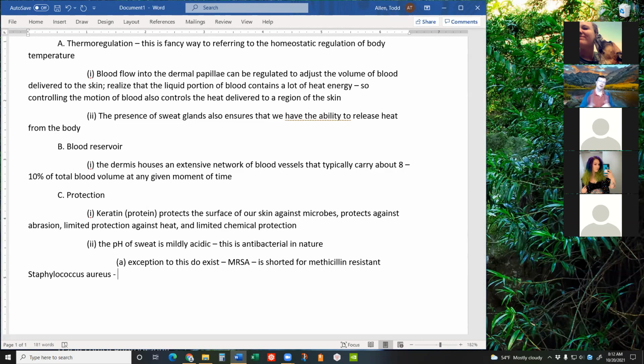This is a gram-positive bacterium that unfortunately does have a physiology that allows it to live and somewhat thrive under the acidic conditions of our sweat. So while the pH of sweat is antibacterial in nature and prevents many categories of bacteria that might want to cause harm from living on our skin, there are some notable exceptions, probably the most famous of which is MRSA.